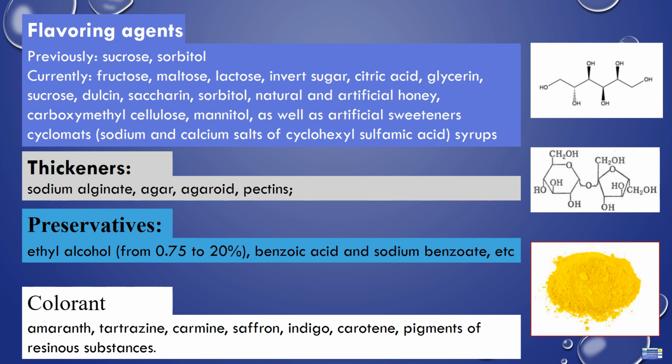Stabilizing substances are substances that have natural properties that protect drugs from harmful substances resulting from chemical or microbiological effects. There is a division of stabilizers depending on their actions.